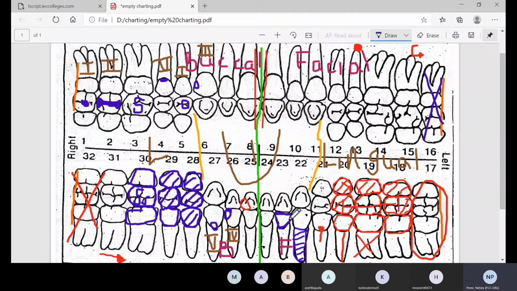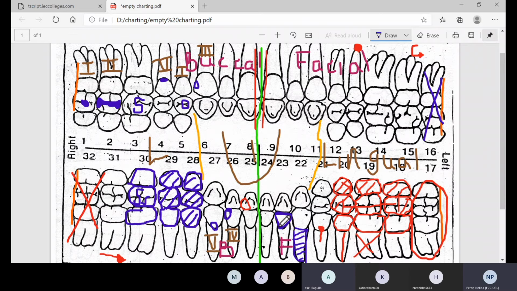So what would that represent? Composite. Yes, but in this case, when it's the whole entire facial, it represents something else. Veneer. So this represents that it has a veneer.